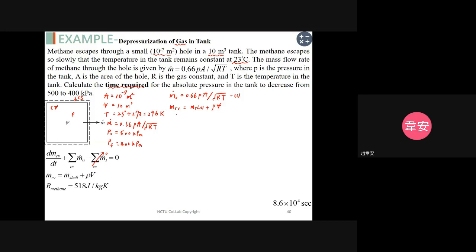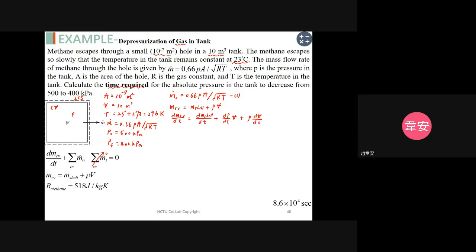Okay, and we can compute the differential: dm_CV/dt is equal to dm_shell/dt plus dρ/dt multiplied by the total volume plus ρ multiplied by dV/dt.